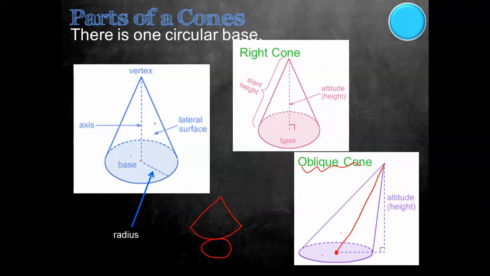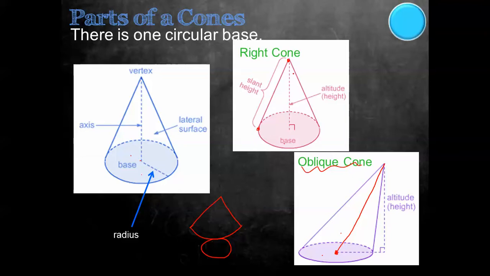The lateral surface area is all of the space that the cone, it would be this, the sector. So everything that doesn't include the base. The slant height is the height that we go from the vertex to the edge of the base. And remember, we use the slant height when we found the surface area.